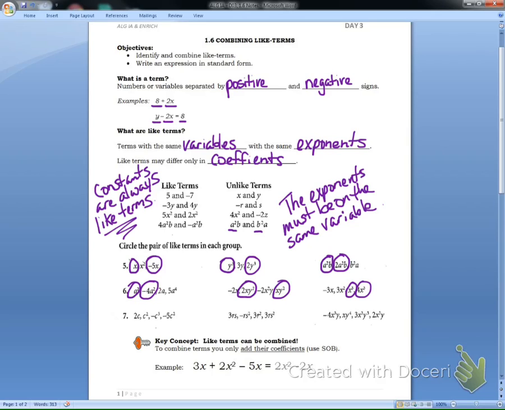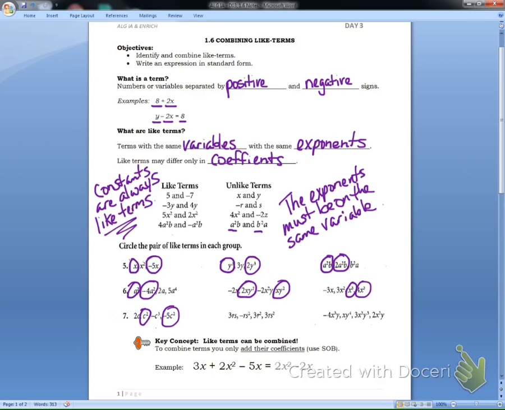Let's see if you can do the whole row, all the way across all three sets. In your first set, you should have circled the c to the second and the negative 5c to the second.